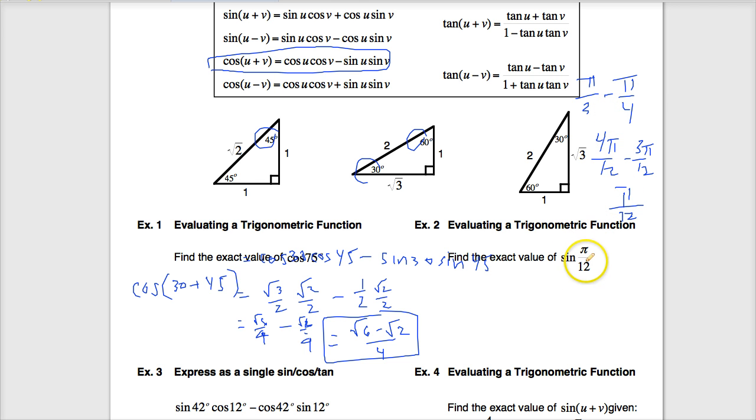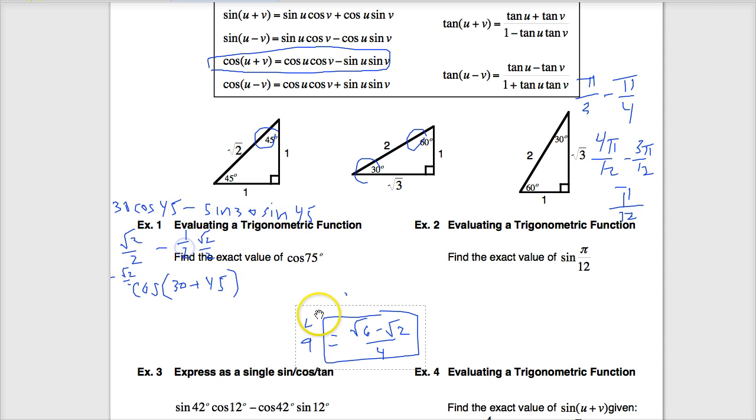I'm trying to find sine, so I'm going to use my sine formula.